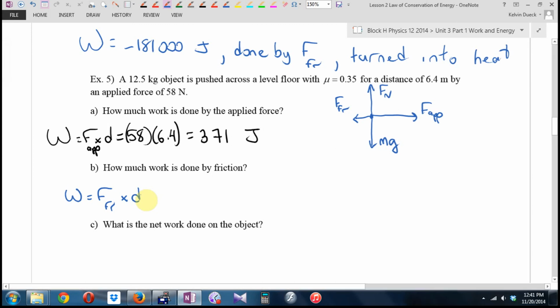In fact, the distance is this way, and friction is that way. How many degrees are there in that little line that I've drawn right there? 180. Remember, we said yesterday the actual equation was F d cos theta.